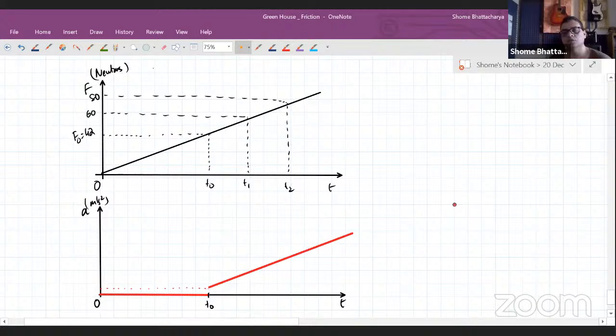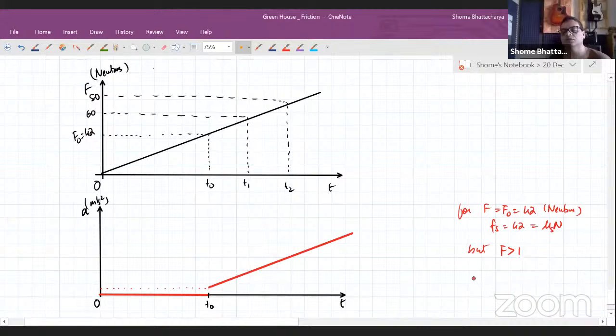Okay, so for F equal to F naught, static friction is equal to 42 newtons, which has reached its limiting value. So this is the maximum limit, but the moment F becomes greater than F naught, the friction changes to kinetic friction.